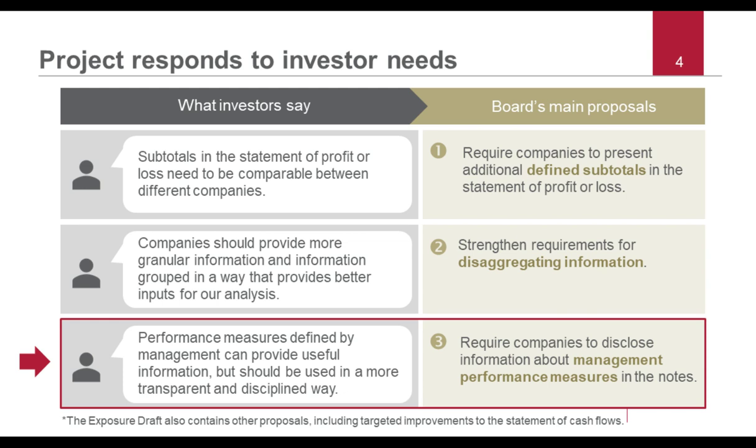The second, concerning the quality of disaggregation in the financial statements, was discussed in depth in our previous webinar, covering disaggregation, including the disclosures of unusual income and expenses. And the third, which we will discuss in detail today, is about management-defined performance measures or non-GAAP information, which has resulted in the proposals for management performance measures.